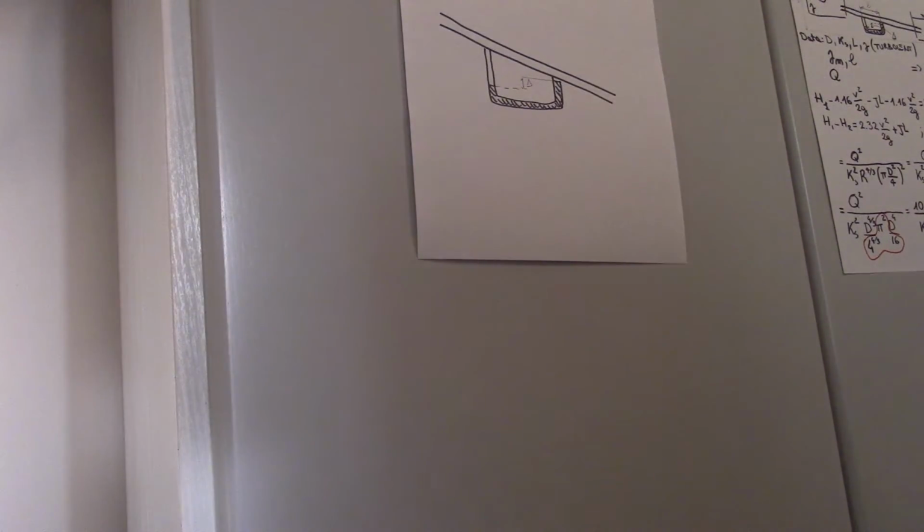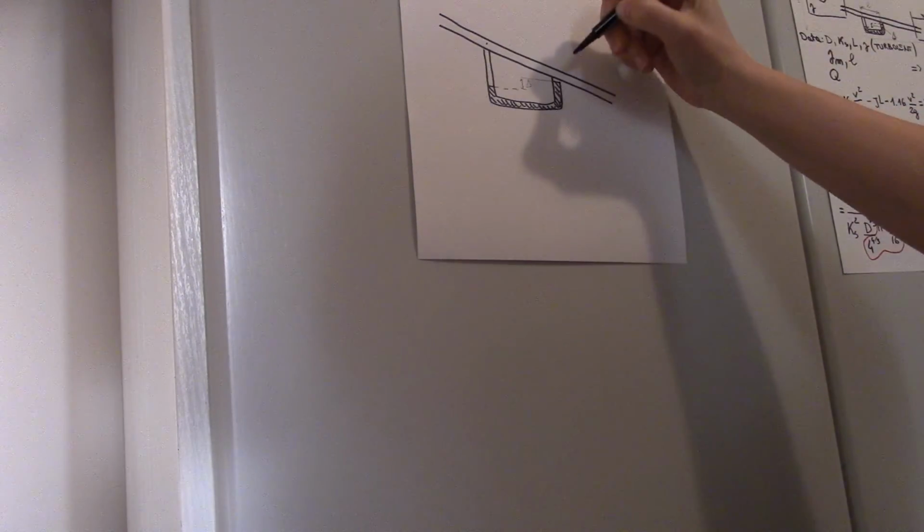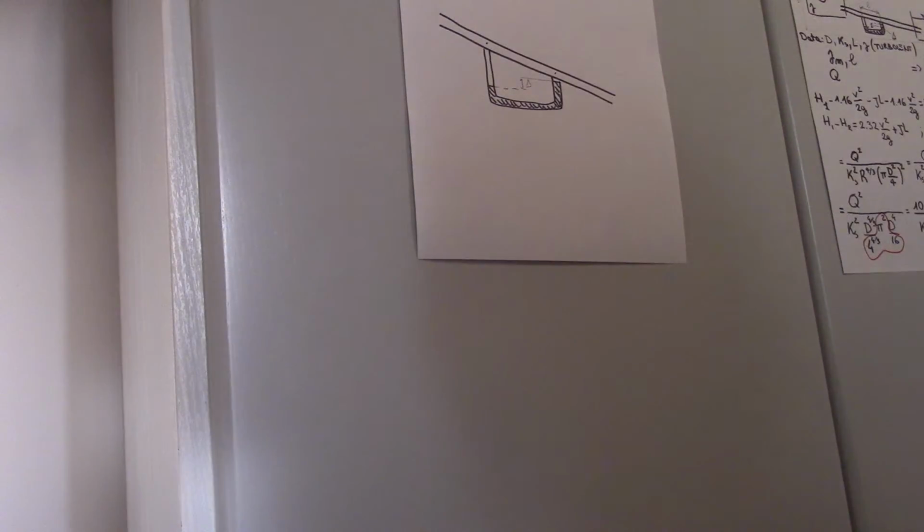Alright, so sorry for the delay. Then you have the difference between the piezometric head in this point and in this point where you have inserted the differential manometer. So from the reading you can relate this difference.